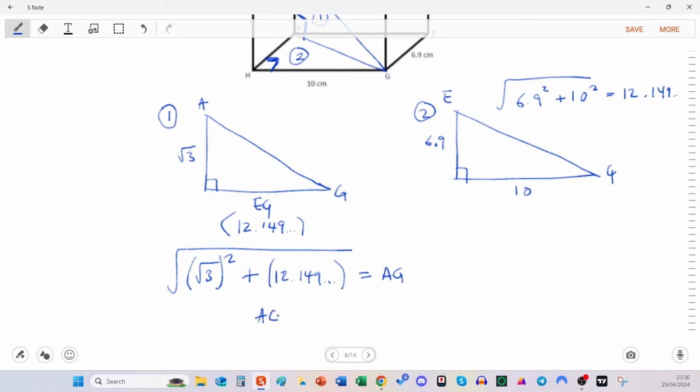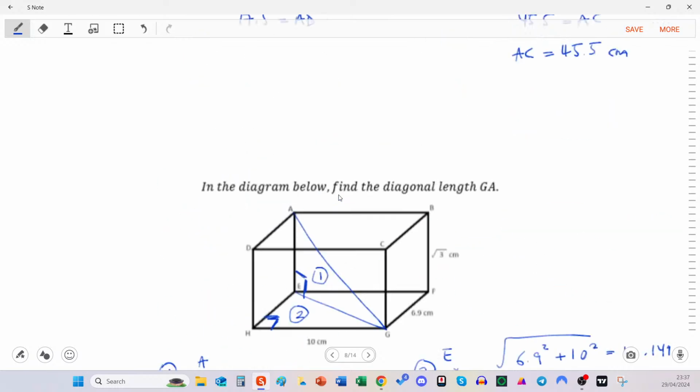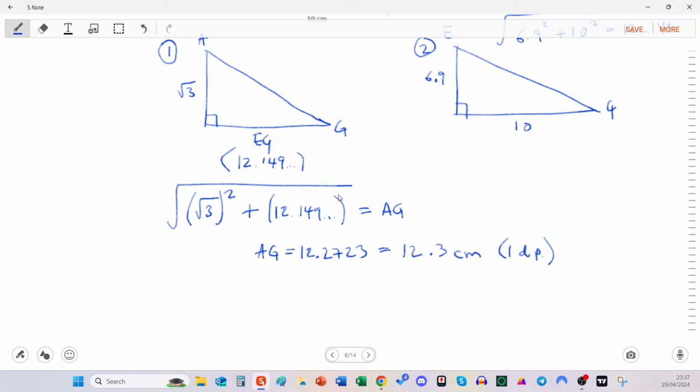So AG is 12.2723. Does it say the accuracy? Nope. So I'm going to go for 12.3, and it's in centimeters to 1 decimal place. I believe it's, yeah, centimeters. Okay, lovely. That'll do us.